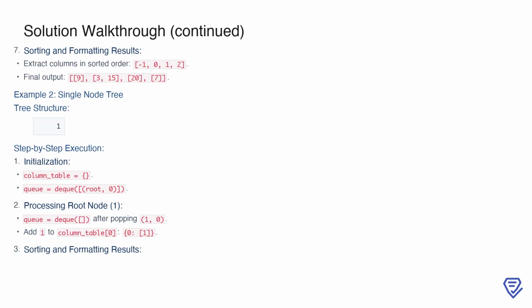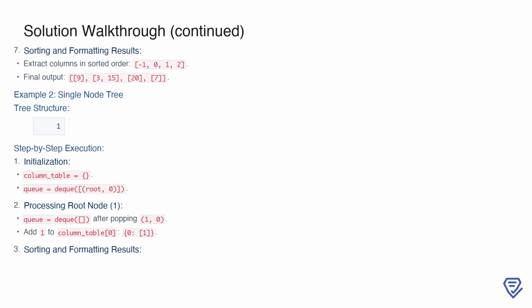At this point, all nodes have been processed, and the column_table is populated with nodes grouped by their respective columns. The next step is to sort the column indices to ensure the correct vertical order. Extracting the columns in sorted order gives -1, 0, 1, 2. Using this order, we format the results by retrieving the node values for each column, resulting in the final output 9, 3, 15, 20, 7.